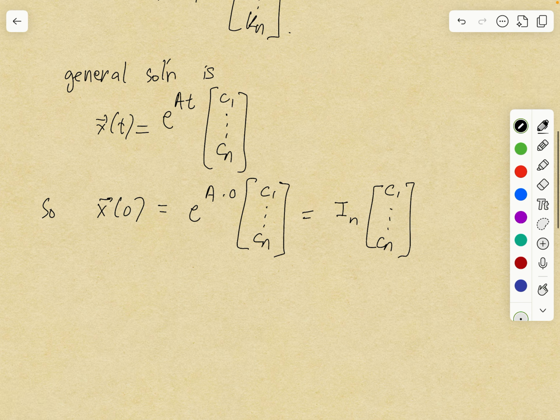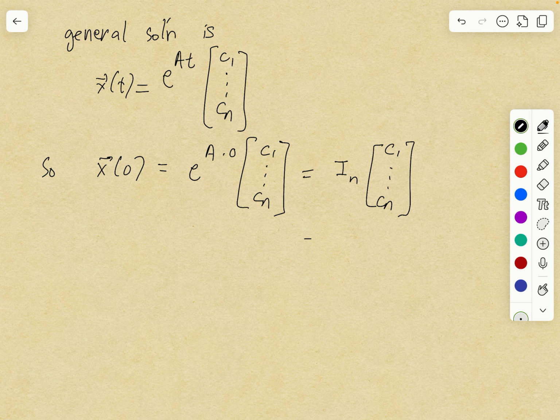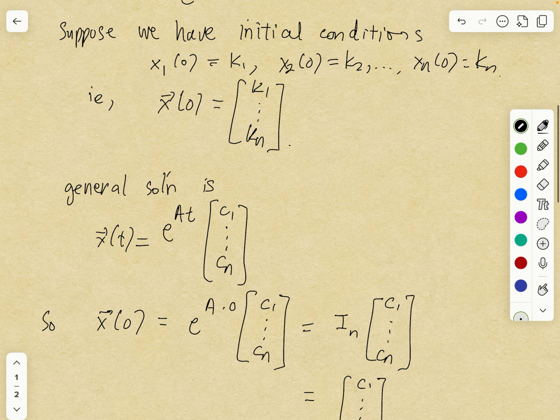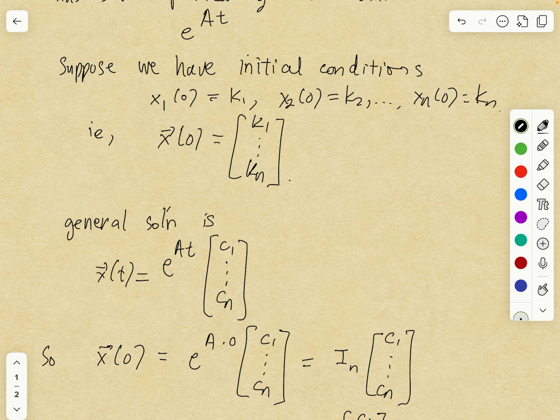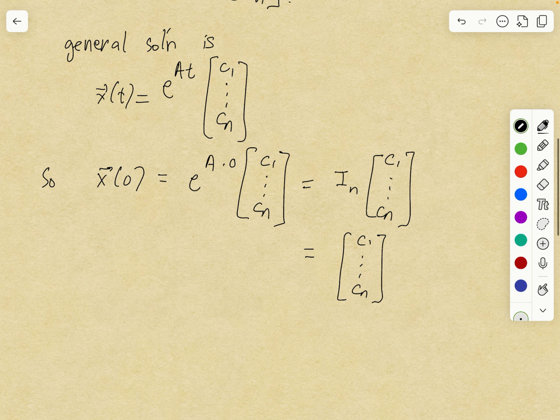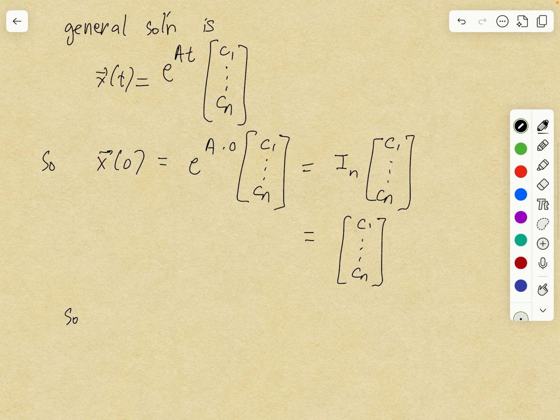So either way, you get the n by n identity matrix times c1 to cn, which is obviously just the vector c1 to cn. But we're given that x of 0 is the vector k1 to kn. So what that tells you is that the ci's, the constants that will satisfy the initial value condition, are just k1 to kn.